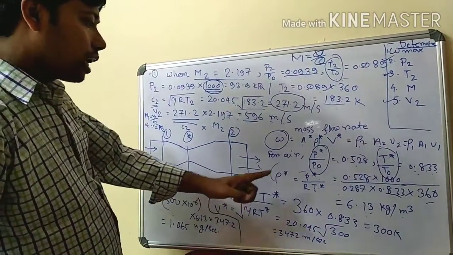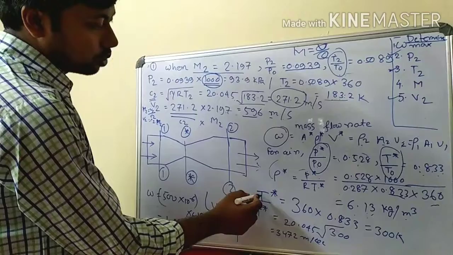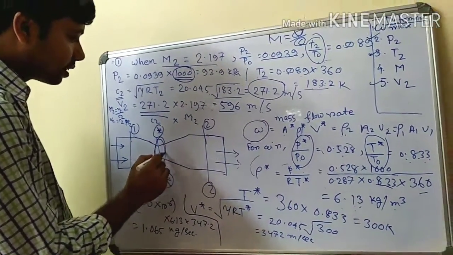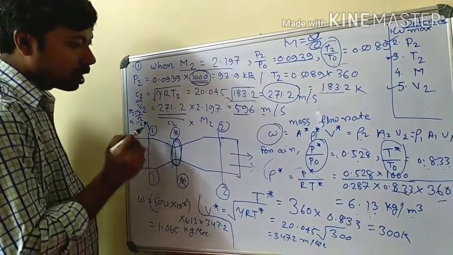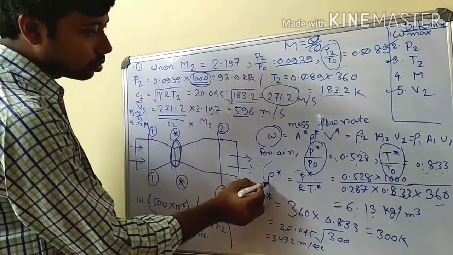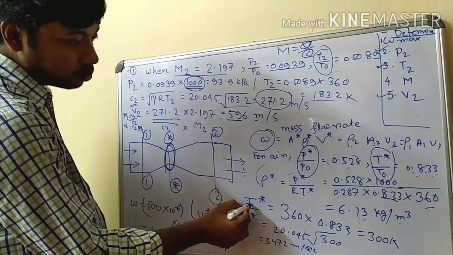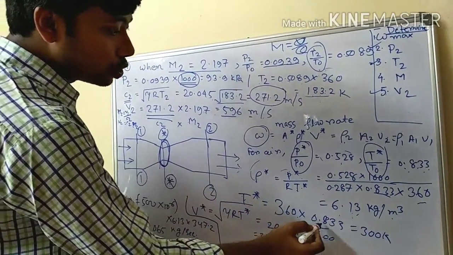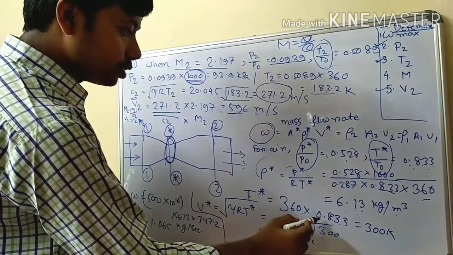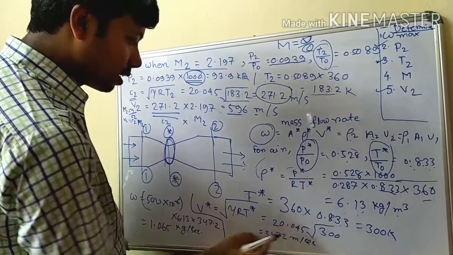Now when you calculate rho star, you also have to calculate T star. The subscript star indicates the section of area, particularly at the throat section. At this corresponding area, the temperature will be 360 into 0.833, that will be 300 Kelvin.